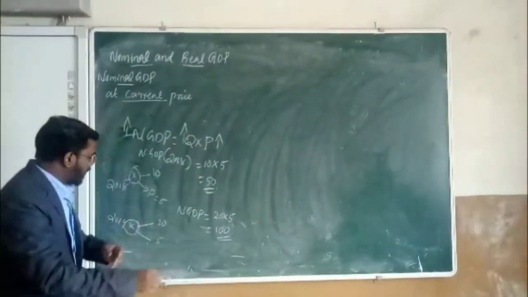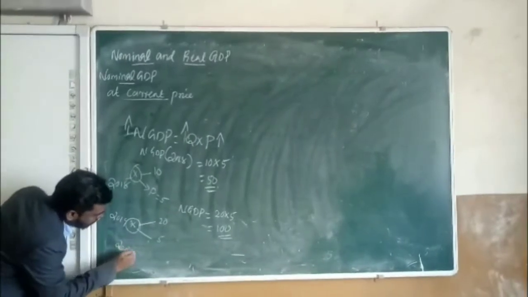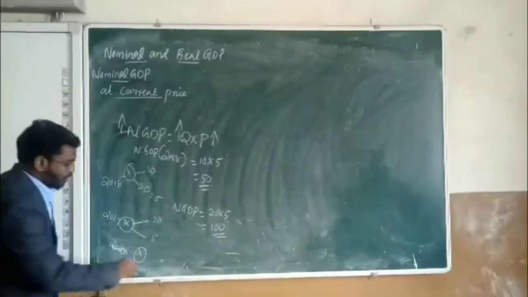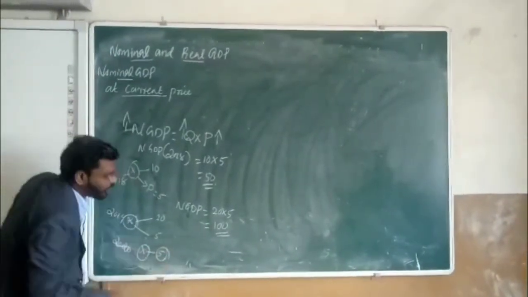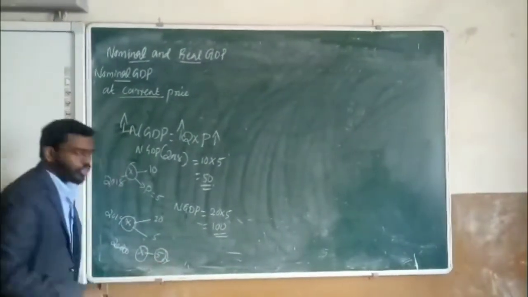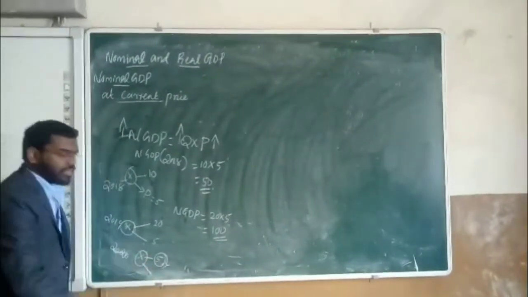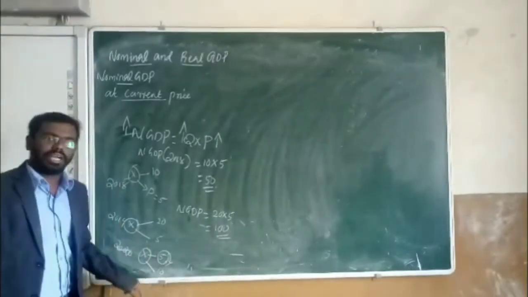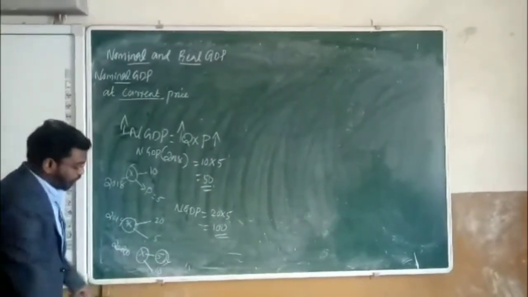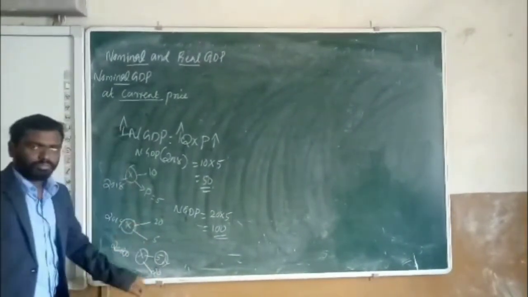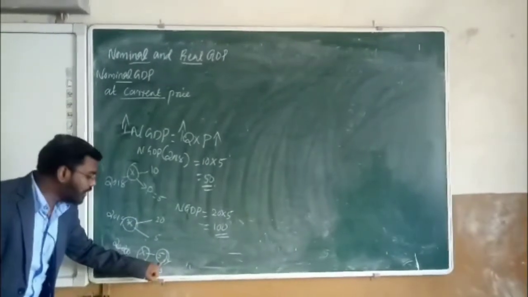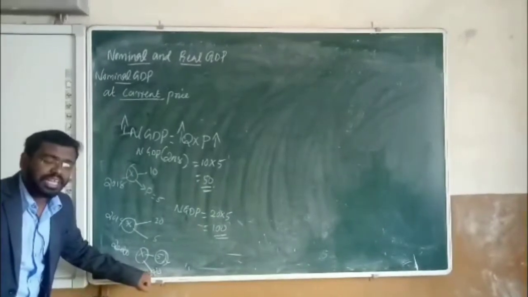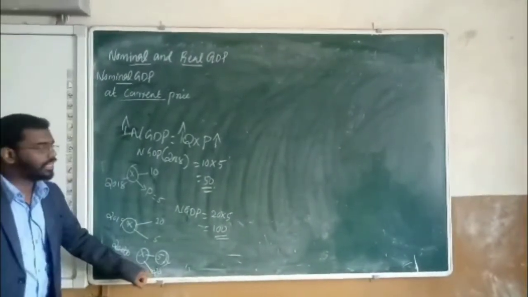Got it? At the same time, in 2020, the economy produced 5 units of commodity X, and the price level in the economy increased to, for example, 20. So the number of units was 5 in 2020, and the price level in the economy is 20.